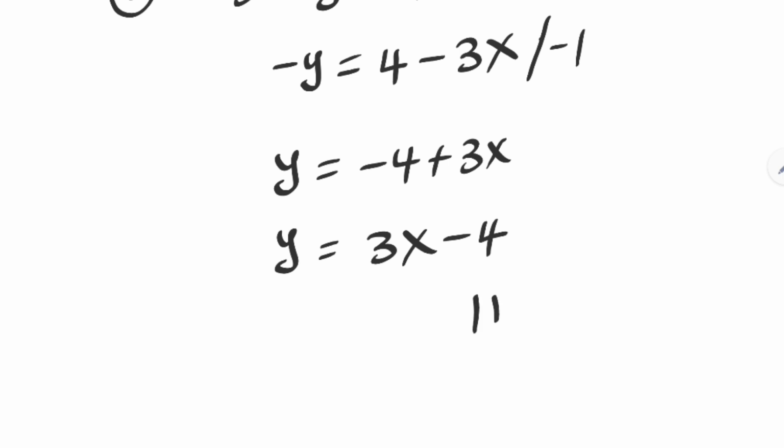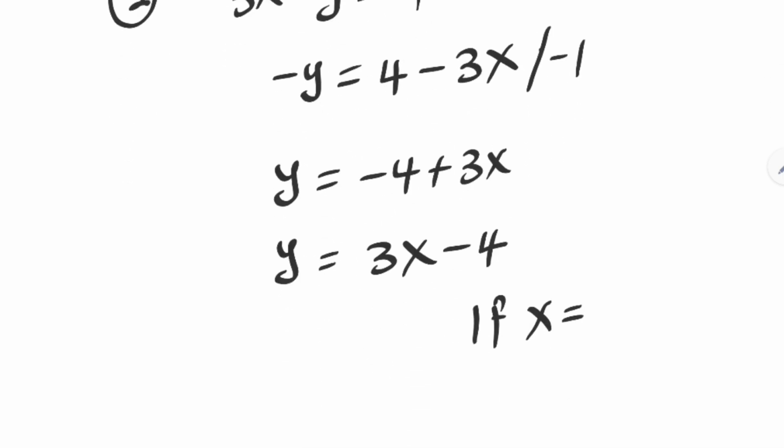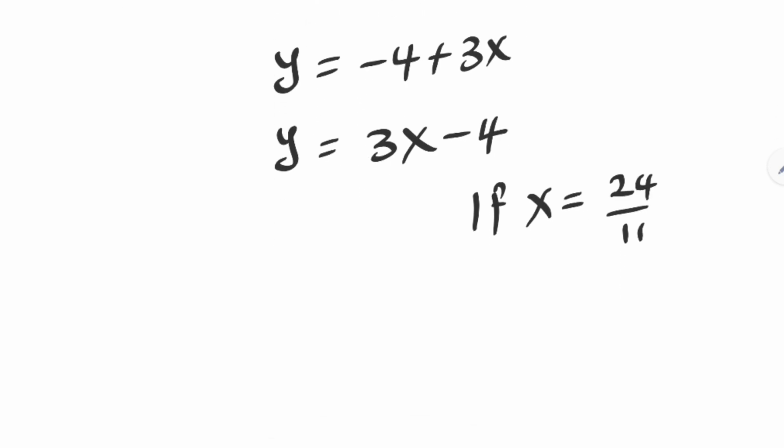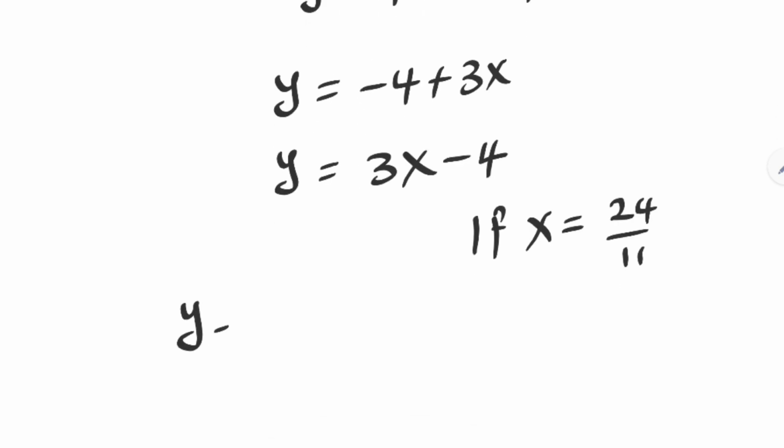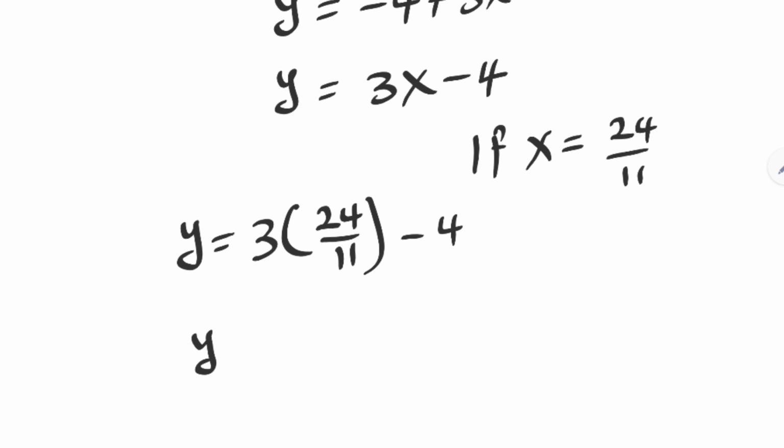Now if x is equal to 24 over 11, then y is equal to 3 bracket 24 over 11 minus 4. y is equal to 3 multiplied by 24, that is 72 over 11 minus 4.